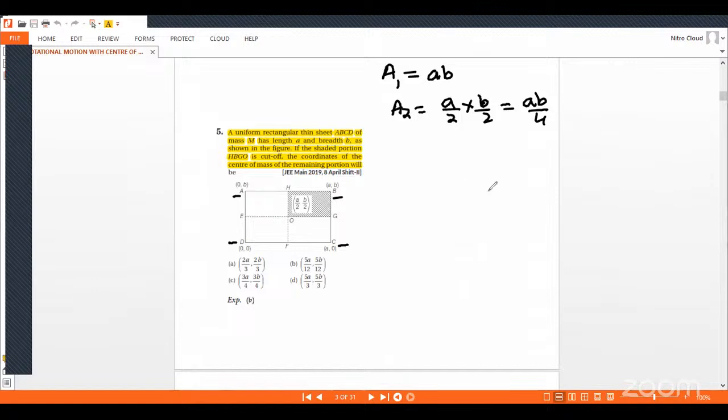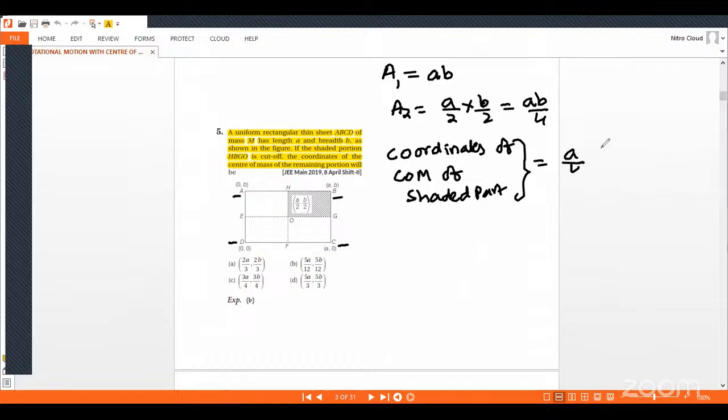Okay. So initially, coordinates of center of mass of the shaded part, can I say as A by 4 comma B by 4?